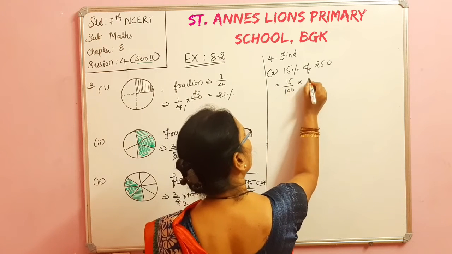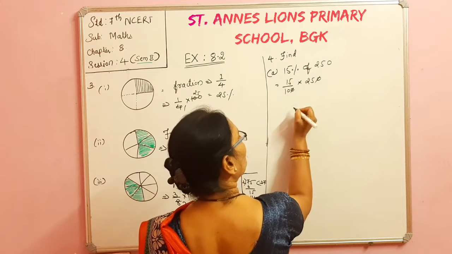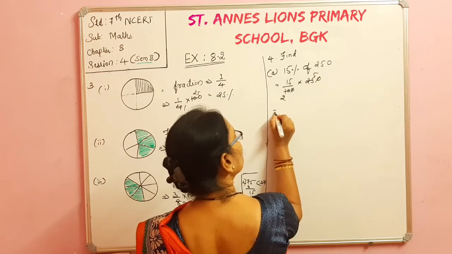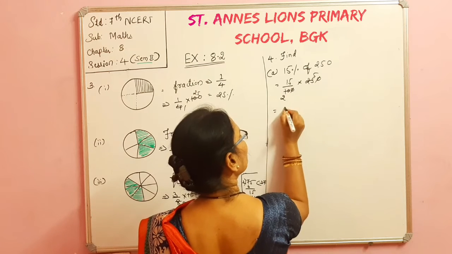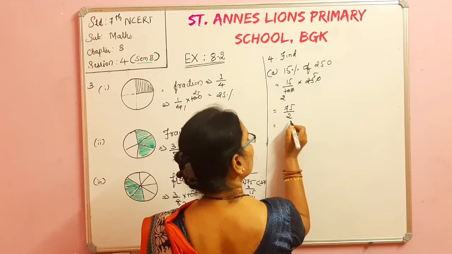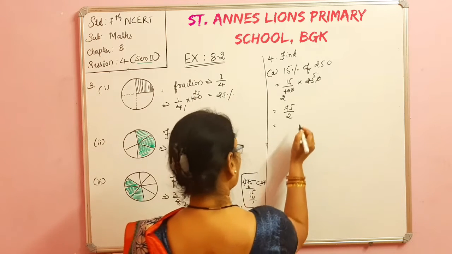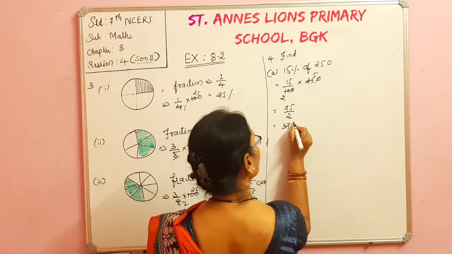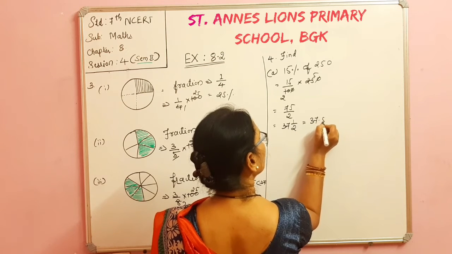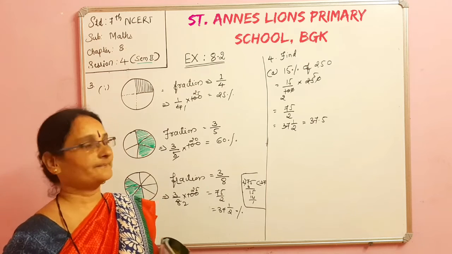Of means into 250. See, 0, 0 got cancelled. 5 twos are 10, 5 fives are 25. So this is nothing but 15 fives are 75 by 2. 75 by 2 means, just now we have done here, 75 by 2 is 37 integer 1 by 2 or 37.5 is the 15% of 250.